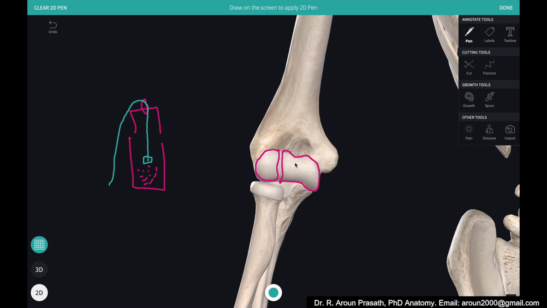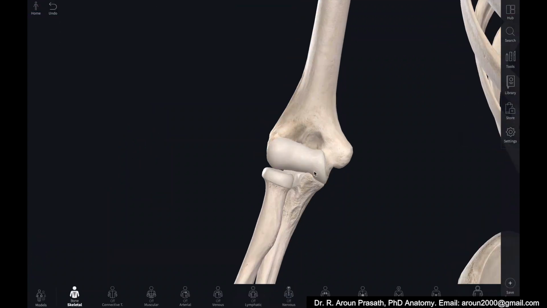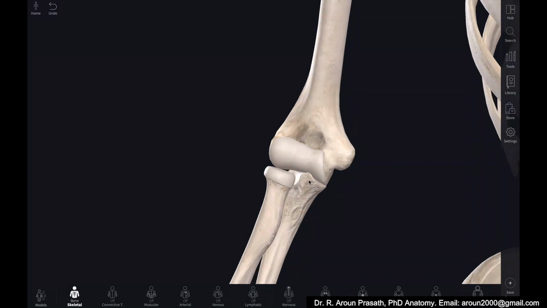Likewise, the trochlea is present in the same way. This is a simple understanding. There are two parts: the trochlear part articulates with the upper end of the ulna, and the capitulum part articulates with the head of the radius.